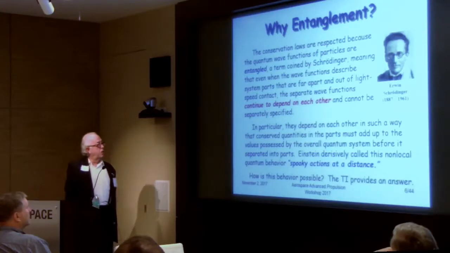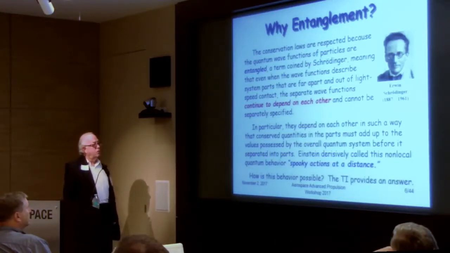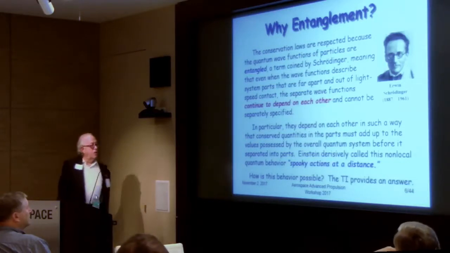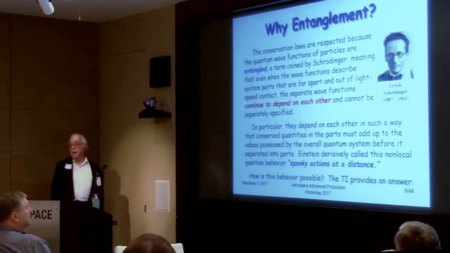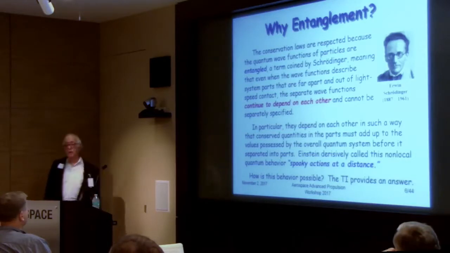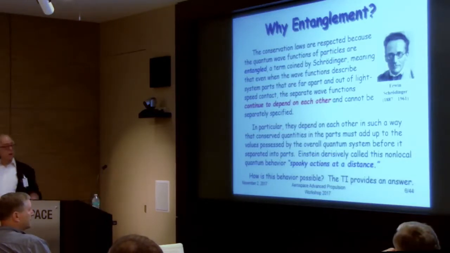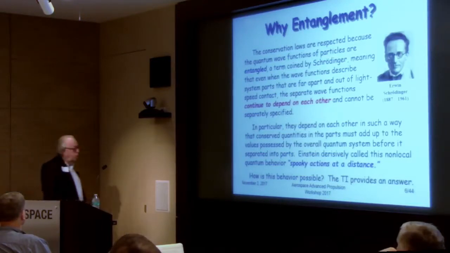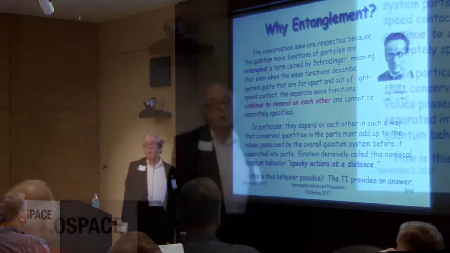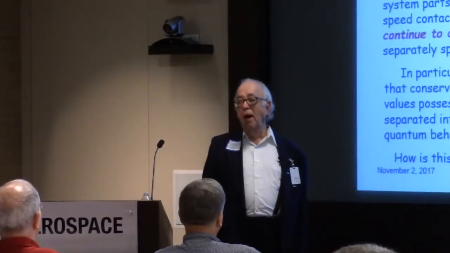In particular, they depend on each other in such a way that conserved quantities must add up to the values possessed overall. Einstein derisively called this quantum behavior spooky actions at a distance. He didn't think it was there. And it was a controversy for a long time until people began to do quantum optics experiments to test whether it was there or not, and sure enough, it was.